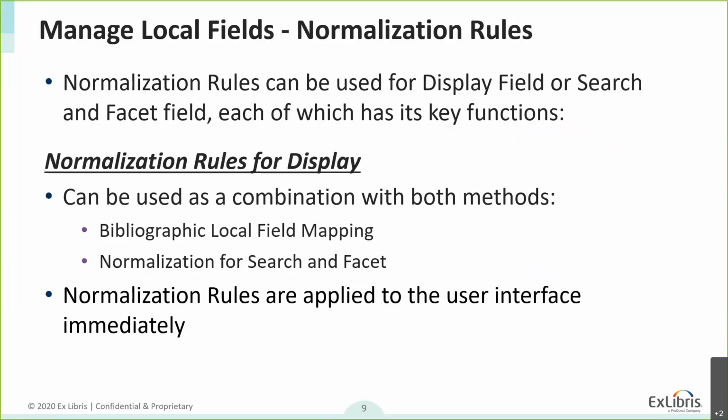You just need to create or edit normalization rules, apply the rules, and after refreshing the page, you will see the changes. When we are presenting the records, we're actually creating the PNX on the fly, considering the normalization rules. So this is the reason you don't need to recalculate the data and just create it for display.